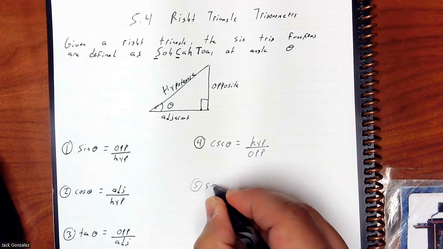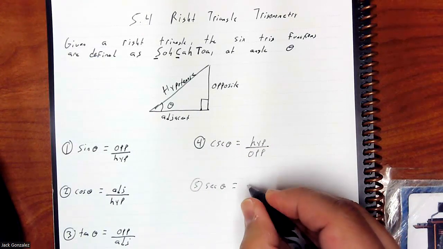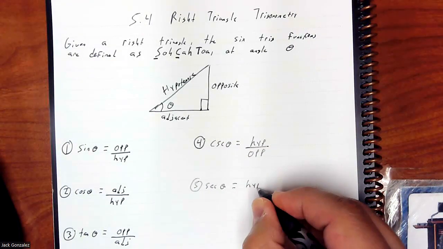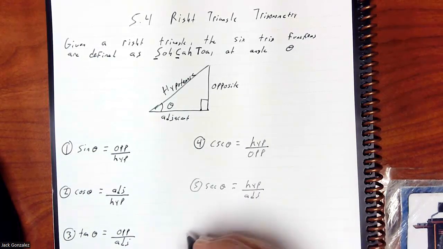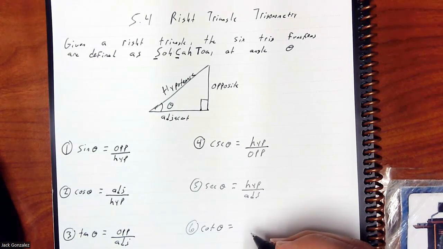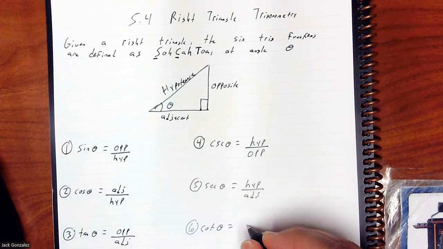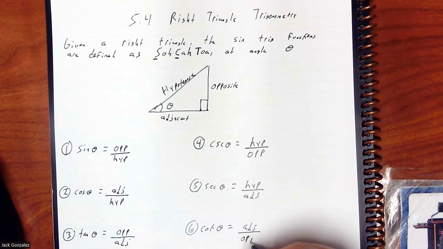So that means secant will be the reciprocal of cosine. So just flip it over. Cotangent, that one's the obvious one. Adjacent over opposite.